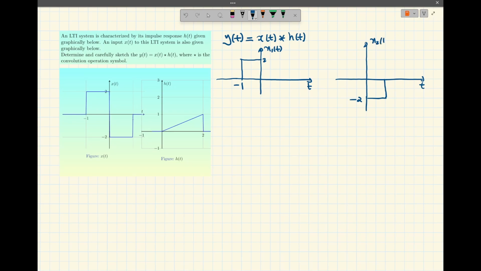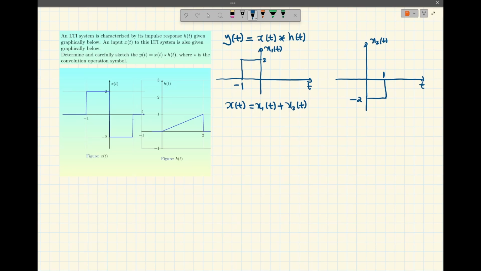So x2 of t, this is 1. So then I can write x of t as x1 of t plus x2 of t.